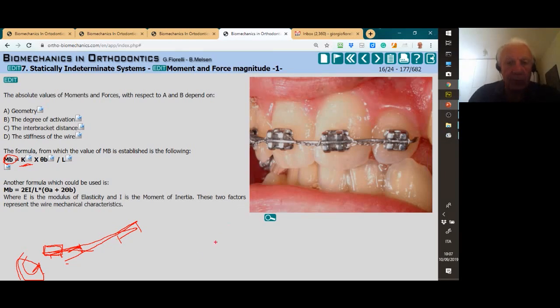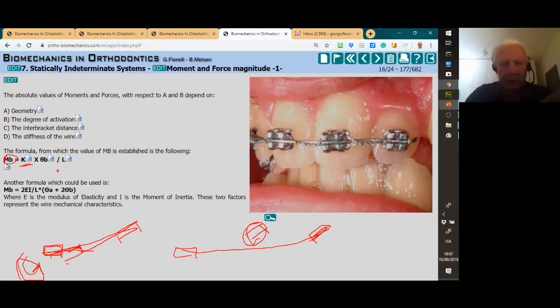And for this reason, it's not a bad idea, for example, if I have this condition and this condition, it could be better just to skip one bracket and to use this two brackets system here with the larger interbracket distance. So keeping interbracket distance large will reduce everything. We will see this again.